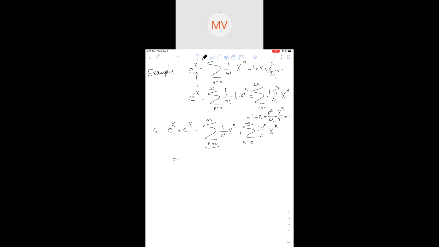They both start from the same thing. They also have x to the n as a common term. So we can put them in one single series where x to the n is factored. Both start from 0 to infinity. Here I have 1 over n factorial plus negative 1 to the n over n factorial.